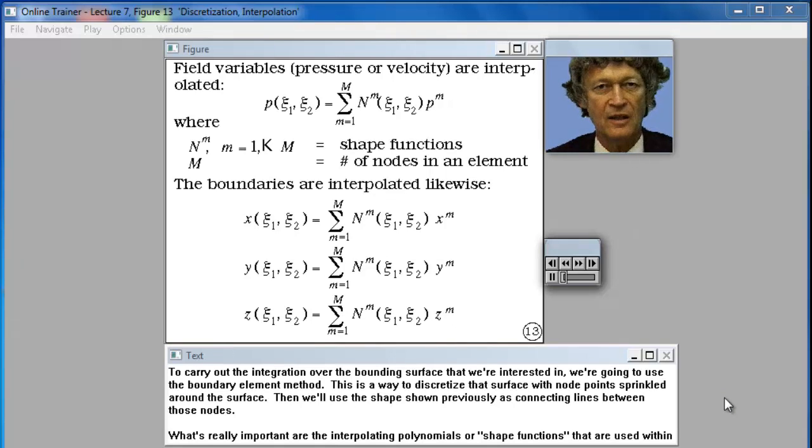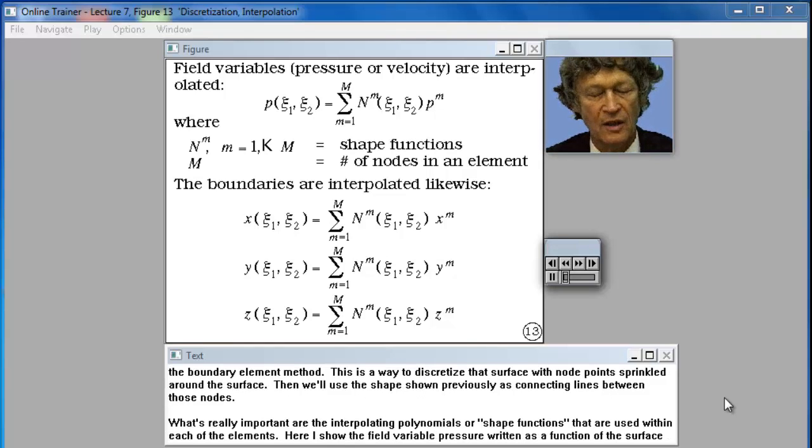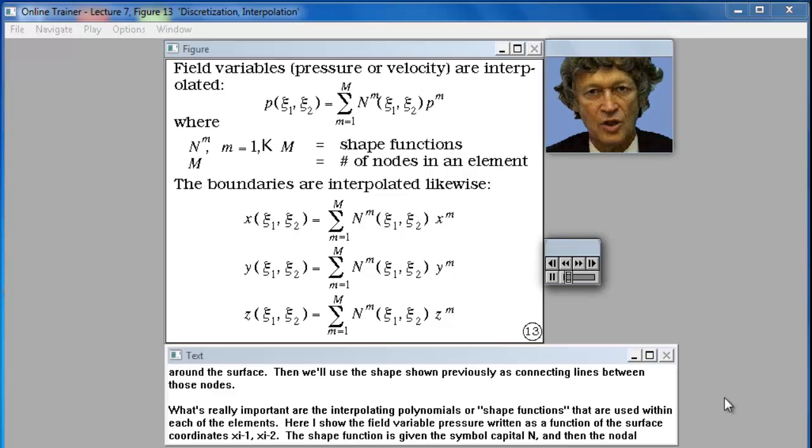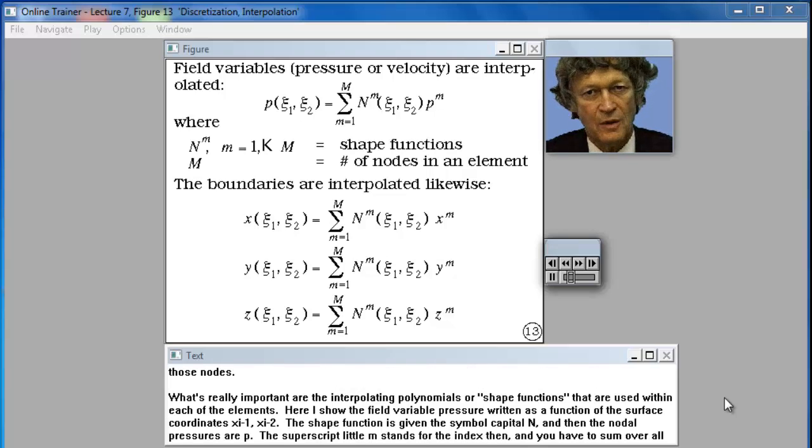To carry out the integration over the bounding surface that we're interested in, we're going to use the boundary element method. This is a way to discretize that surface with node points sprinkled around the surface. Then we'll use the shapes shown previously as connecting lines between those nodes. What's really important are the interpolating polynomials or shape functions that are used within each of the elements.